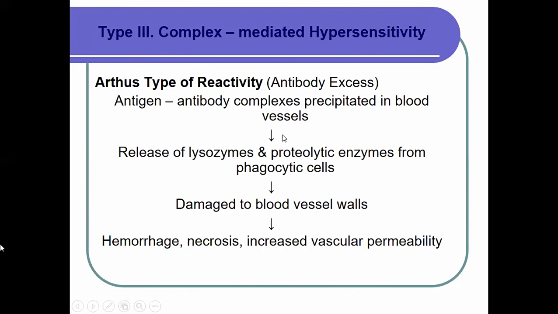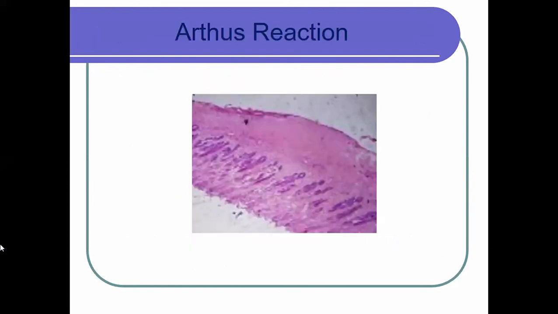This will cause release of proteolytic and lysozyme enzymes by the phagocytic cells. So it will cause now damage in the blood vessel walls, causing hemorrhage, necrosis, and increased vascular permeability. Okay, so that is an example of Arthus reaction.